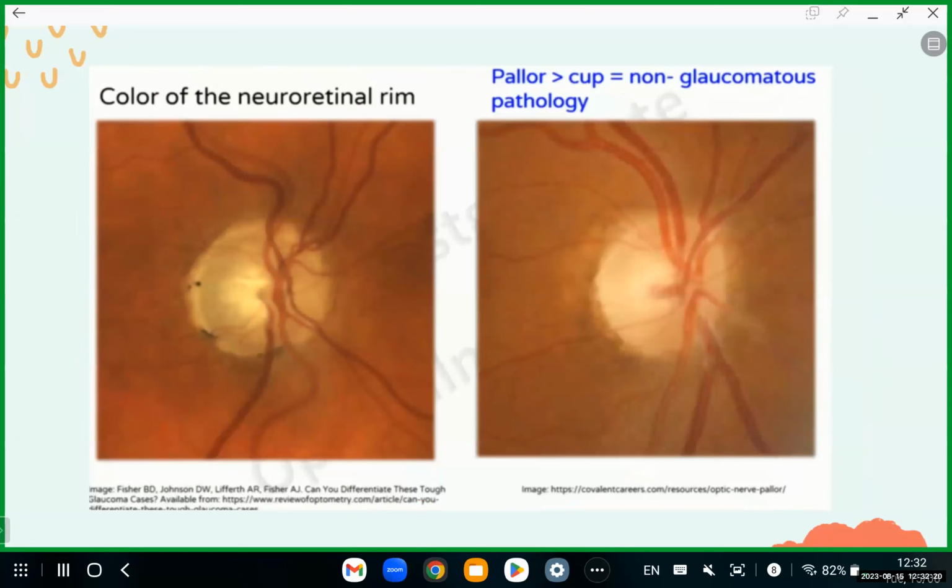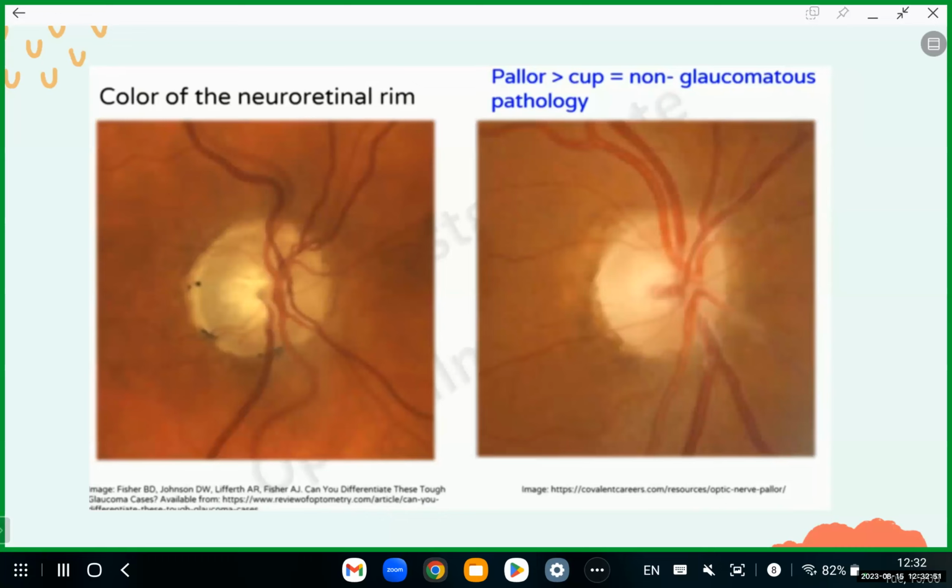Retinal notching in the form of focal notching. Sometimes in notching, we can see what is called an optic disc pit. Third, hemorrhage. The retinal nerve fiber layer striations are best seen in red free light, which is focused just anterior to the retinal vessels.